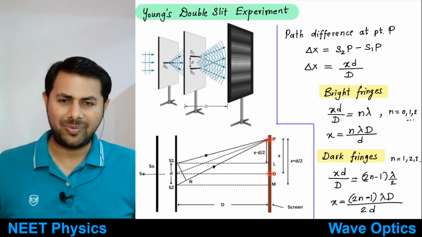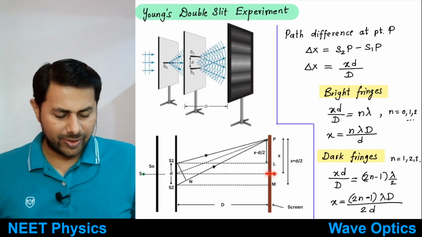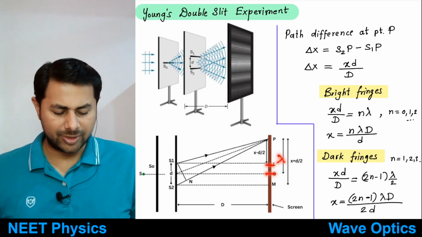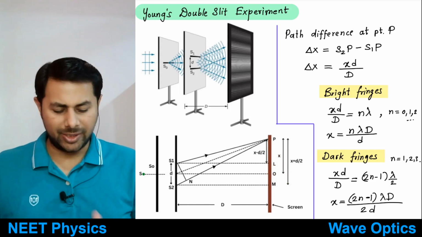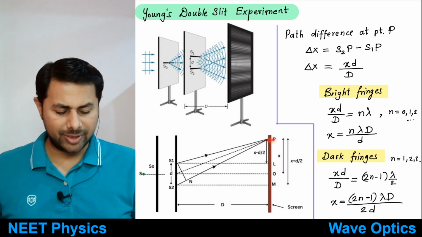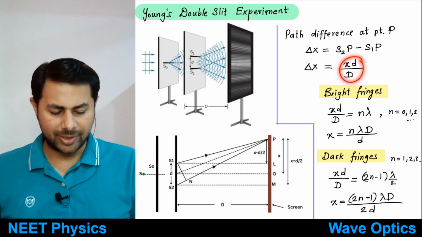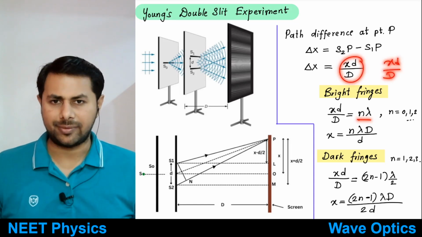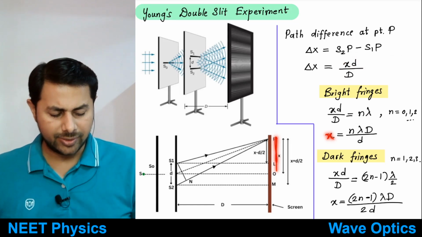The central bright fringe is known as the 0th bright fringe, and its path difference is 0. For the first one, the path difference would be lambda. For the second one, 2 lambda. For the nth bright fringe, the path difference would be n times lambda, right? So x times d by capital D is equal to n times lambda.